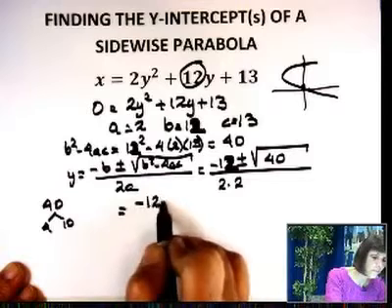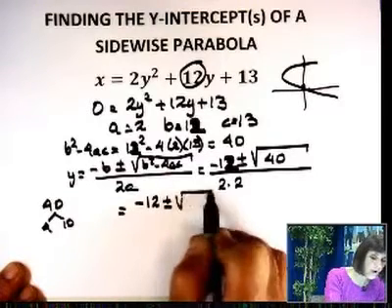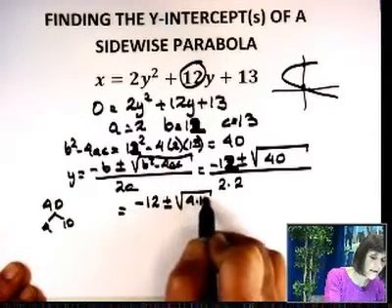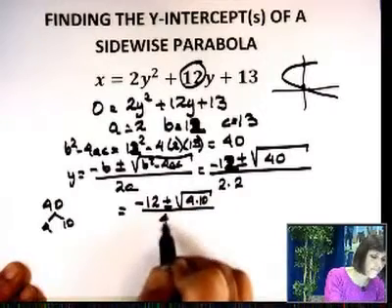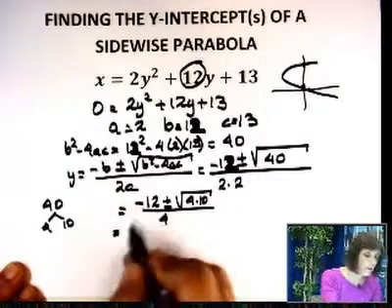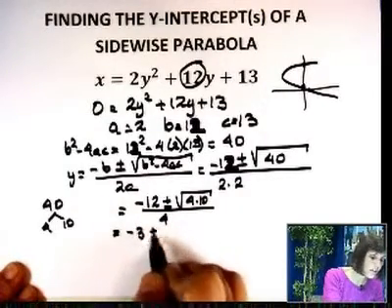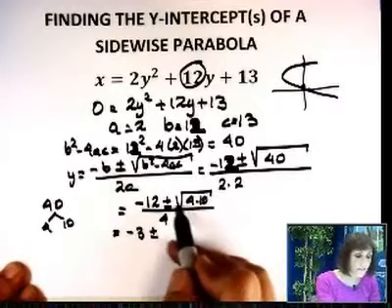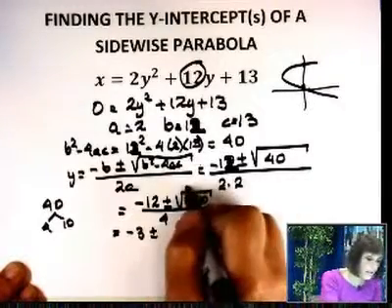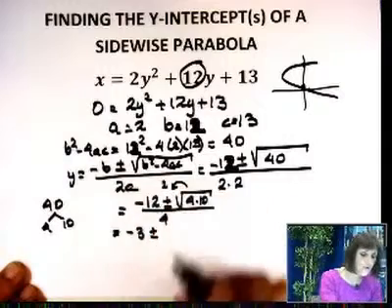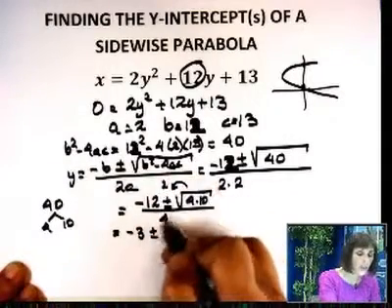Negative 12 plus or minus the radical of 4 times 10, divided by 4. 12 divided by 4, that's negative 3, plus minus. I'll have this 4 come out of the radical, and when the 4 comes out, it comes out as 2. And it will cancel out with the 4.